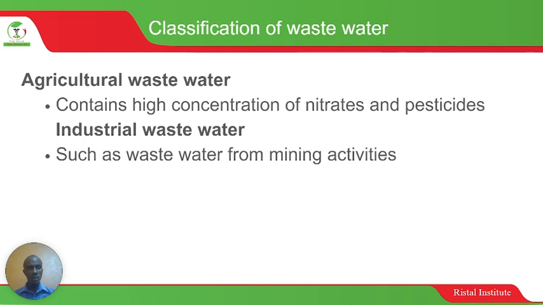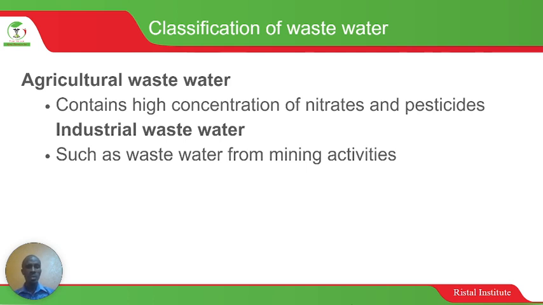Then agricultural wastewater ultimately is from agricultural activities, and it will contain nitrates from fertilizers, and pesticides can also be in this agricultural wastewater. Then we also recognize that we have wastewater from industries.